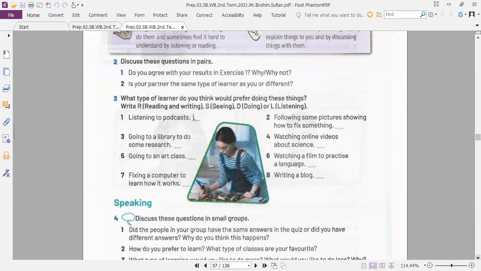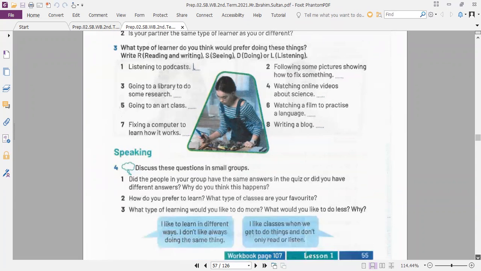Okay, seeing. It's better to say seeing. Fixing a computer to learn how it works. Doing. And number 8, writing a blog. This is writing.